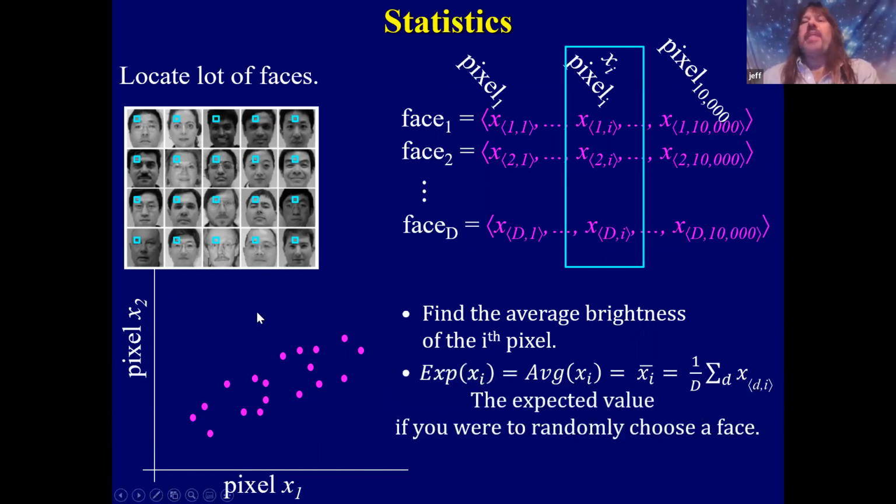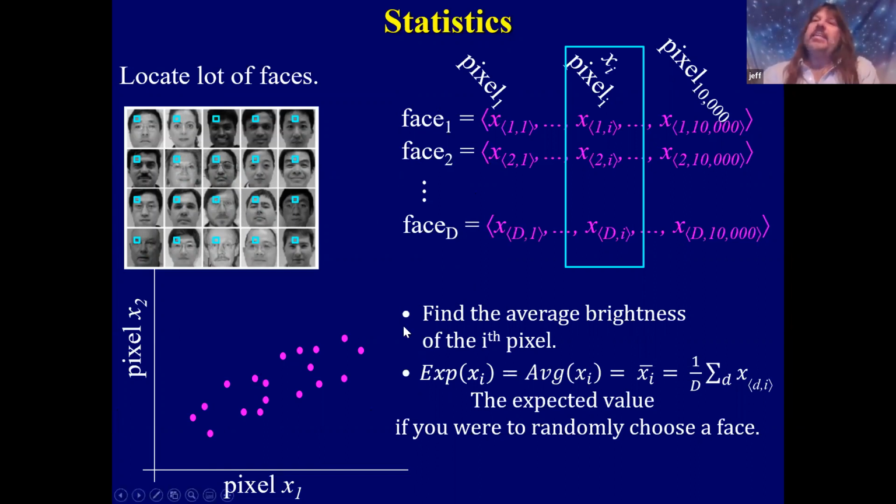And we're gonna call that the expected value of that pixel. As soon as you talk about expectation, you need to have a probability distribution. So what's our probability distribution? We have all these faces, choose one of these faces randomly, because this is all the data we have. We could say choose a face from the universe randomly, but we don't.